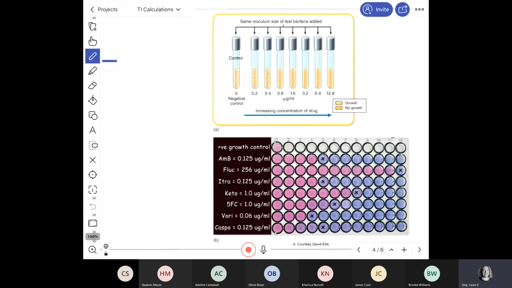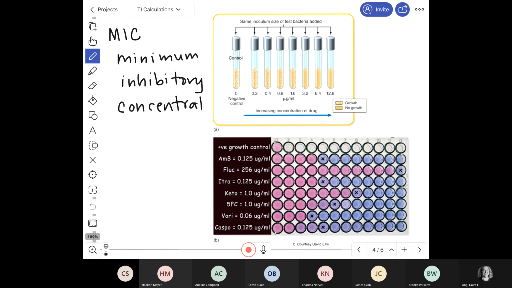And so what we had talked about last Friday in regards to how do you pick out a drug and how do you know what is a good drug for a certain infection, we have this particular value called MIC, which stands for minimum inhibitory concentration.